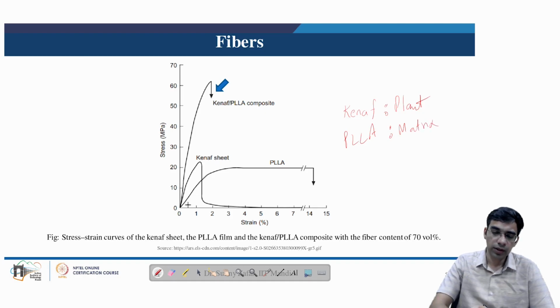So when we look at the matrix only and under the influence of loading, at 70% volume of fiber content, we see that the matrix takes a load up to stress level being induced around 18 megapascals, and then the stress is almost constant because such type of polymers are known to exhibit good elongation.